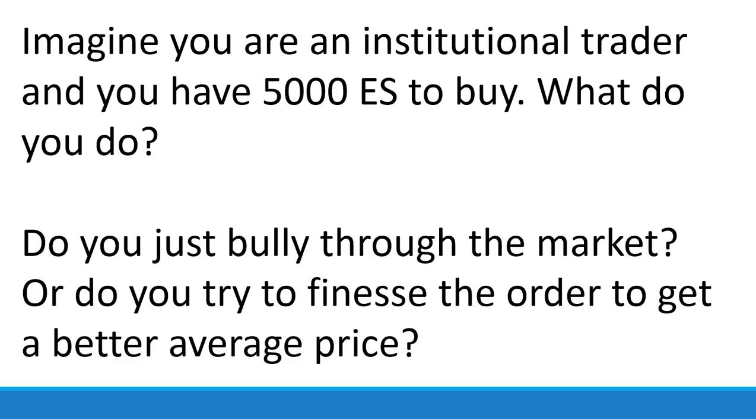If the guy can see, hey, I could buy most of my order up to 2022 and only move it a point, he knows that his average price is going to be somewhere around 21.65. For most of the position he'll do it, because he's not really impacting the market that much. Rather than sit there and try to finesse it, lift, buy 100, see how it takes it, you can do that too. That's what algos do nowadays. For execution algos, they try to finesse the order.